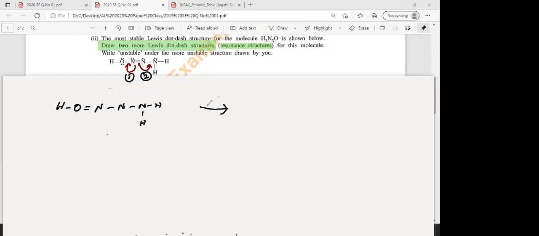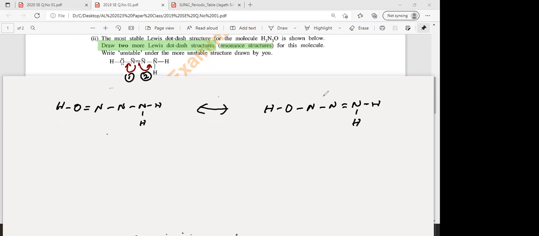The other one, H O, N N. Here you put the double bond, NH2. NH2.